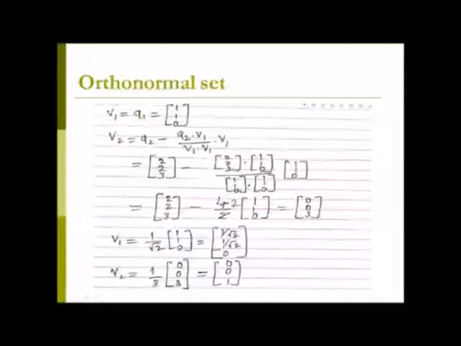After we find the orthonormal basis, we get 1 by root 2, 1 by root 2, 0, and 0, 0, 1, according to the Gram-Schmidt procedure as shown in the diagram.